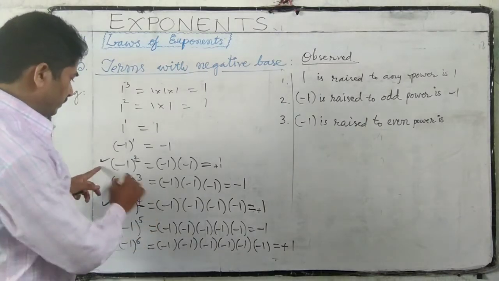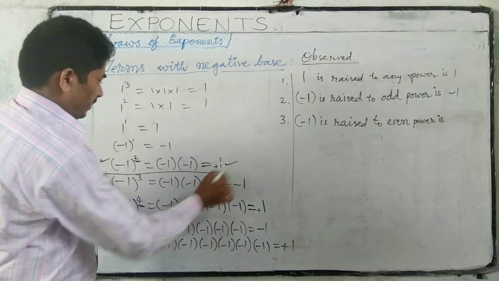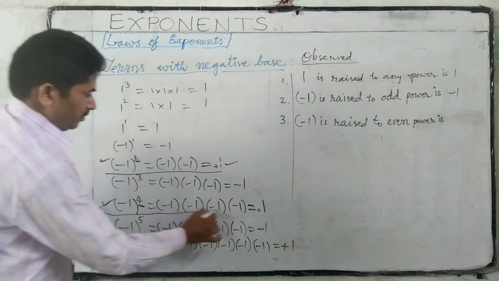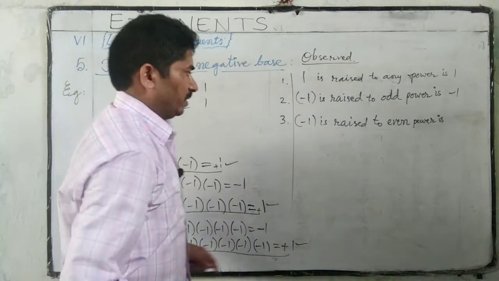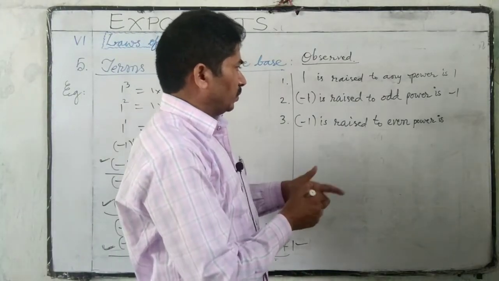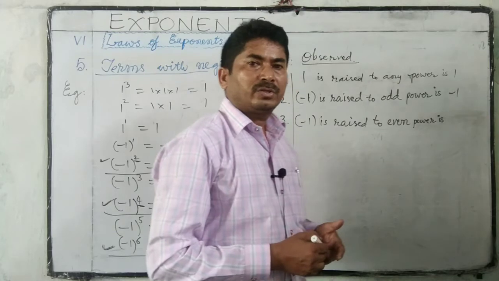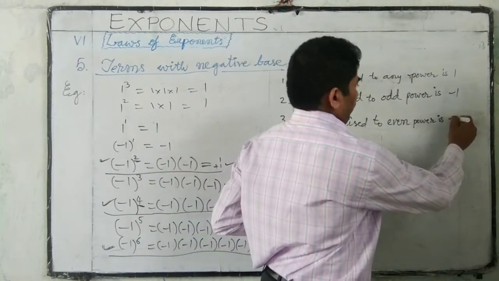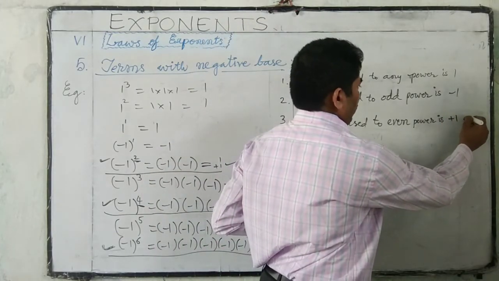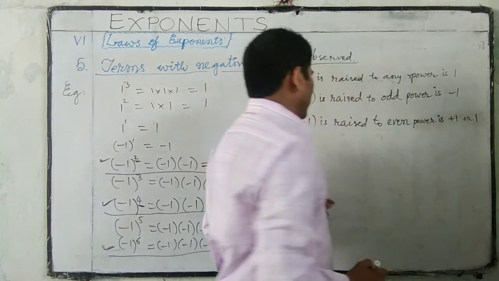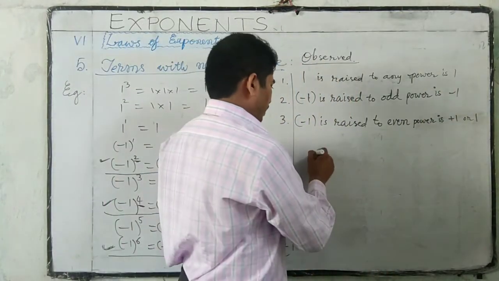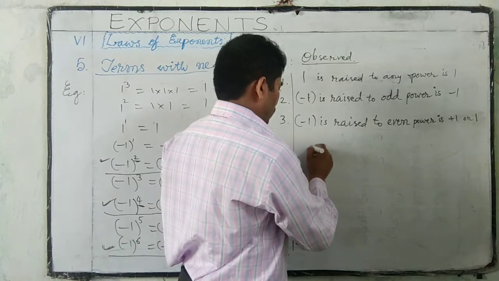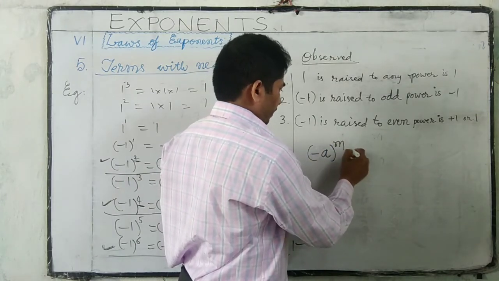These are even powers. Plus 1. This is also plus 1. This is also plus 1. So minus 1 is raised to even power is plus 1. By observing these examples, we can understand minus 1 whole to the power of m.